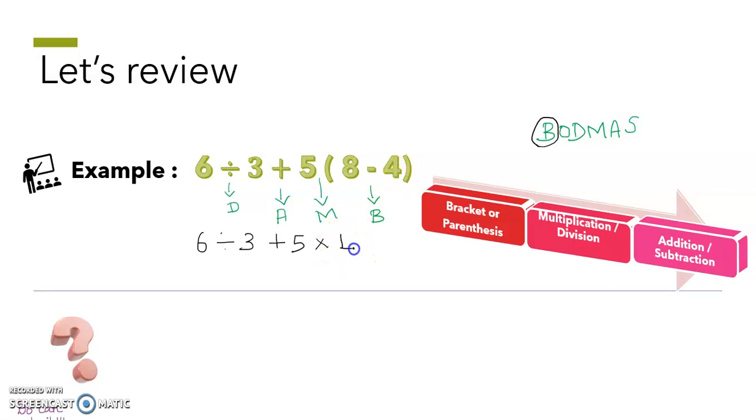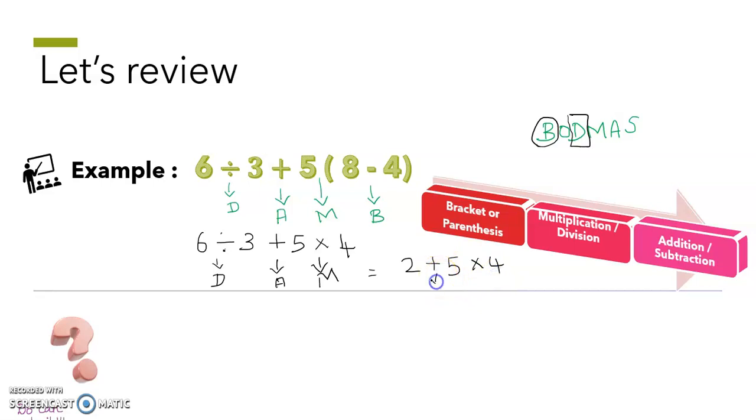4. So now here we have division, addition and multiplication. So after B, what is there? D, division. So what is 6 divided by 3? 2 plus 5 times 4.